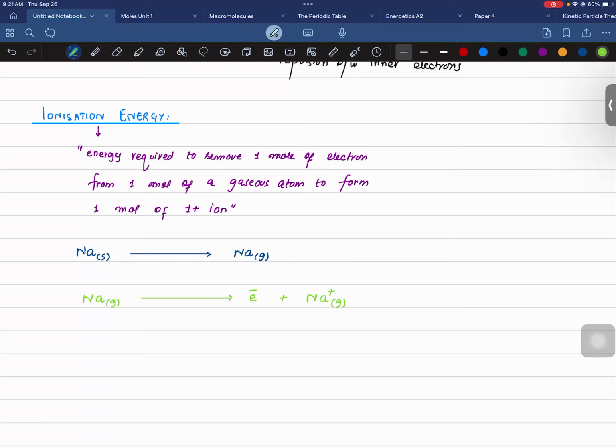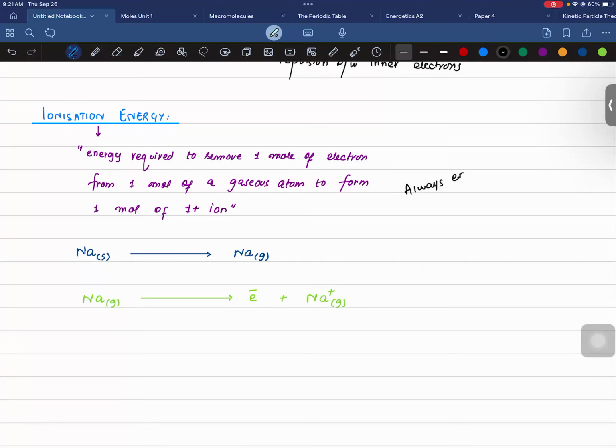And ionization energy is always, can you tell me, endothermic or exothermic? Losing electrons would be endothermic, sorry, endothermic.